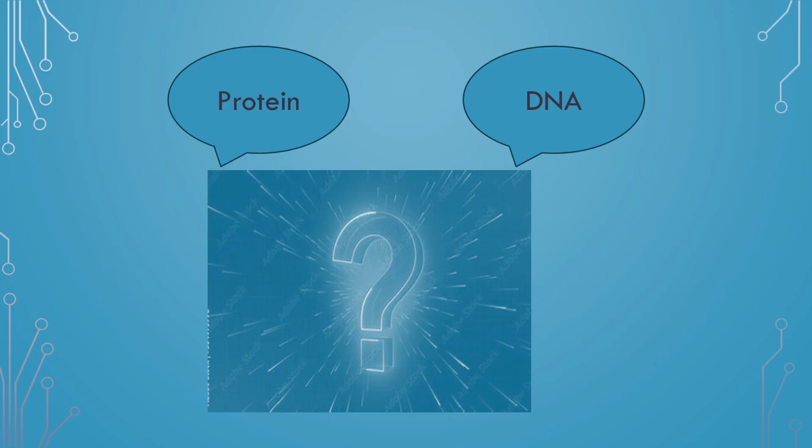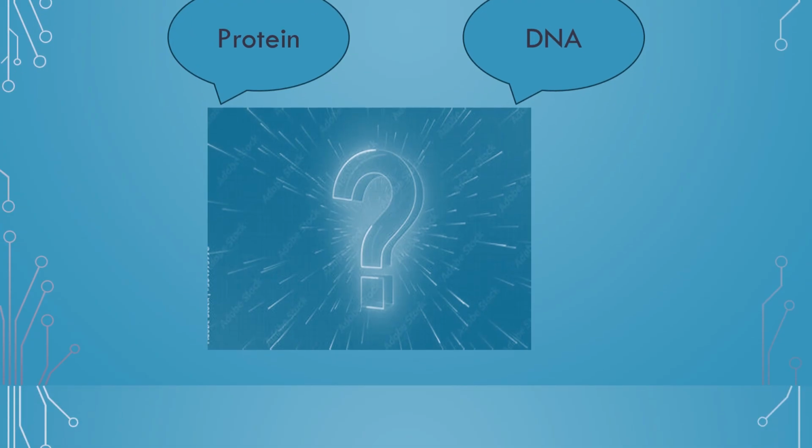Scientists by then could recover the protein very easily and they found them in large amounts. So that was convincing enough for them to believe that protein is the genetic material. But DNA, with a structure containing only four nucleotides, was not convincing for them to believe that DNA is the genetic material.